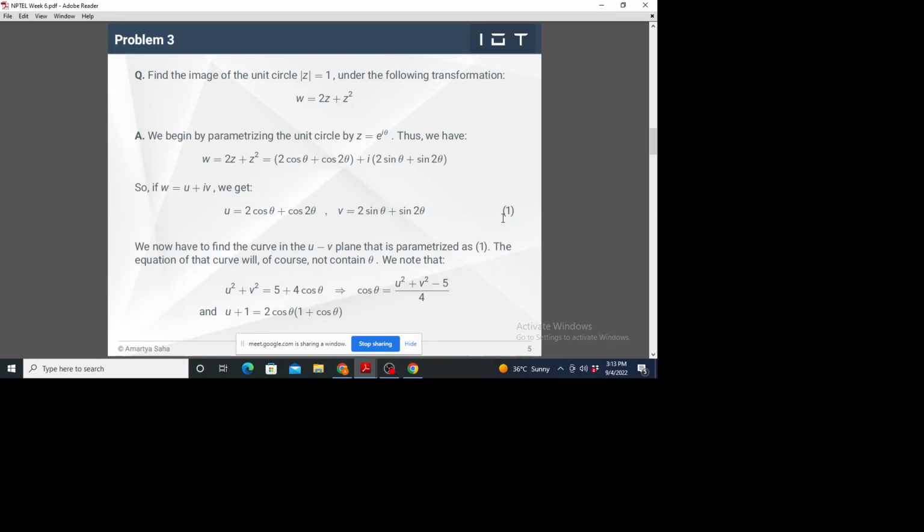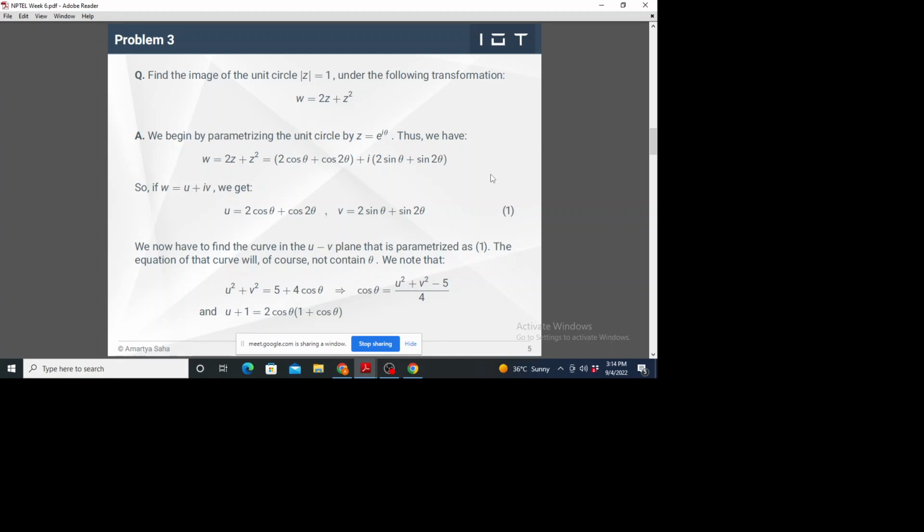To find the equation of a curve that is given in a parameterized form, what do we do? We look to eliminate the parameter, right? Upon eliminating the parameter, we shall get an equation involving u and v only. So that is what we shall do here. Given the parameterization 1, we have to find the equation of the curve that involves u and v only.